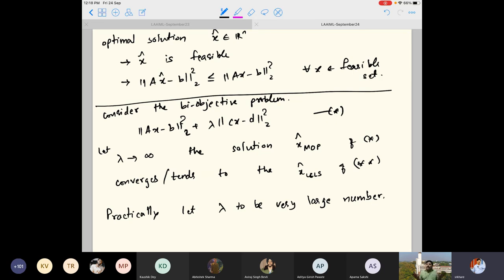It is not necessary that this Cx minus d whole square term will go to 0. I will have a compromise between the two objectives J1 and J2. J1 plus lambda J2 is the compromised objective cost function, but I cannot say that for some value of lambda the norm of Cx minus d is actually equal to 0.